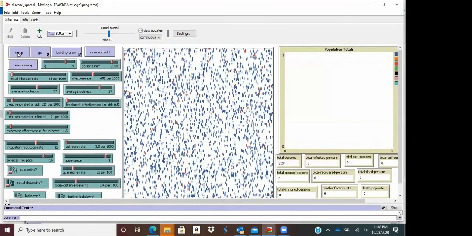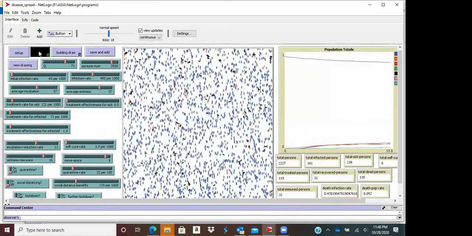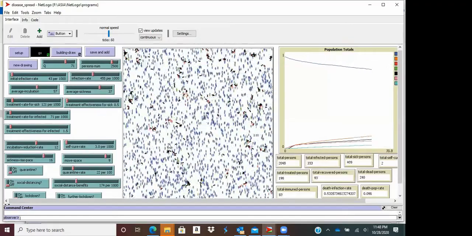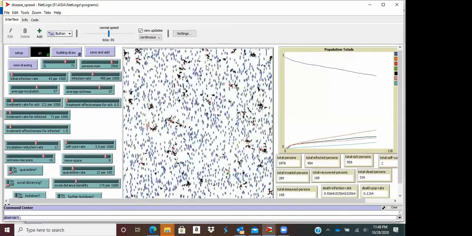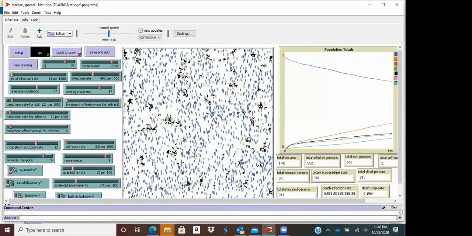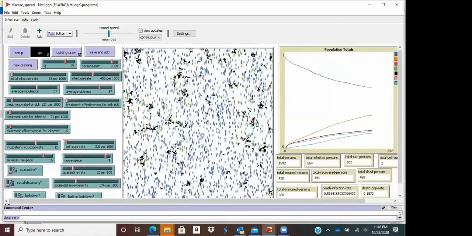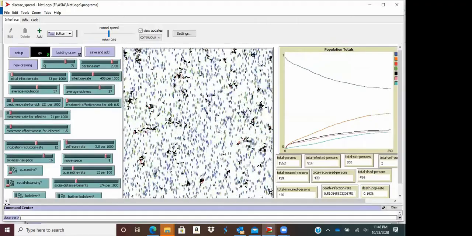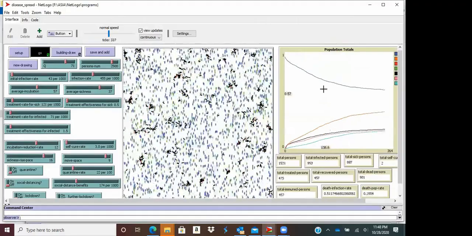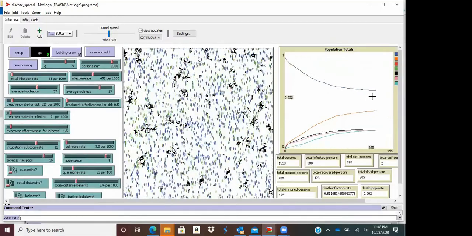So let's set it up. Okay, let's see what happened here. You can see that the dead people increase. A lot of dead. Those people who are not moving, that means they're dead. And you can see that the blue line drops more significantly.